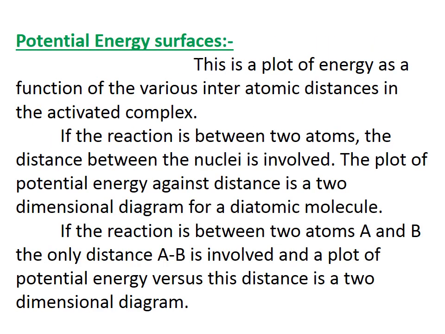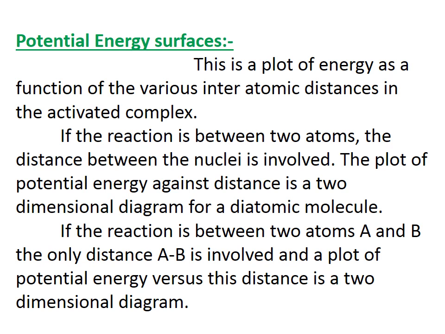Now we are going to discuss the potential energy surface. The potential energy surface is a plot of the energy as a function of various interatomic distances in the activated complex. Simply speaking, a plot between energy and the internuclear distance. If the reaction is between two atoms, the distance between the nuclei is involved.